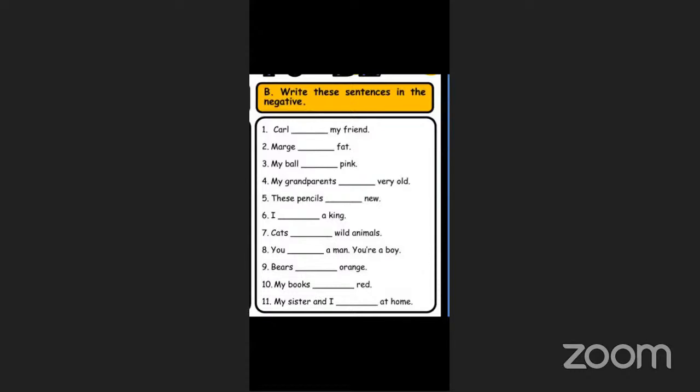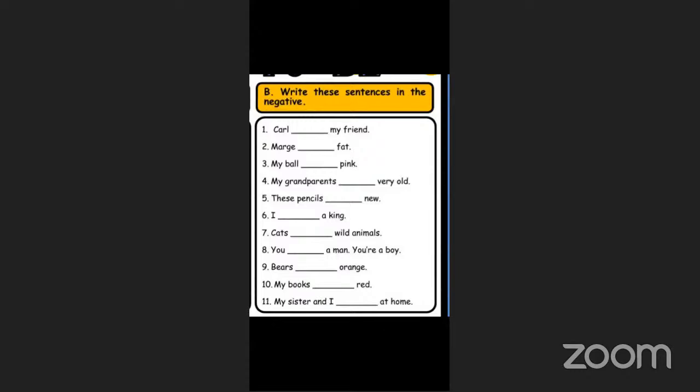Number 7. Cats blank wild animals. Number 8. You blank a man. You are a boy. Number 9. Bears blank orange. Number 10. My books blank red. Number 11. My sister and I blank at home.